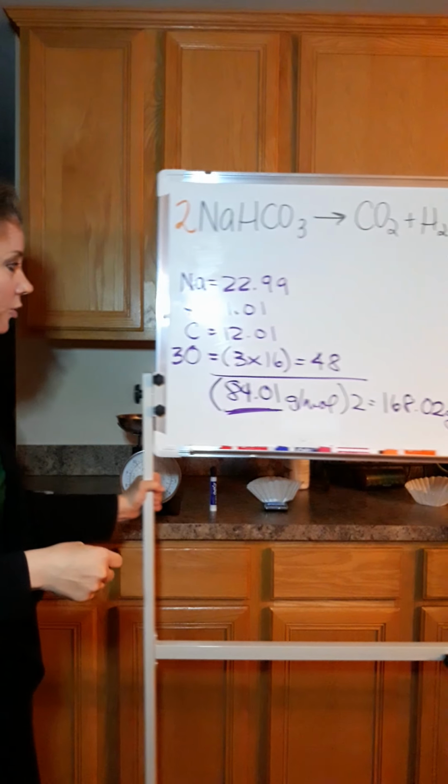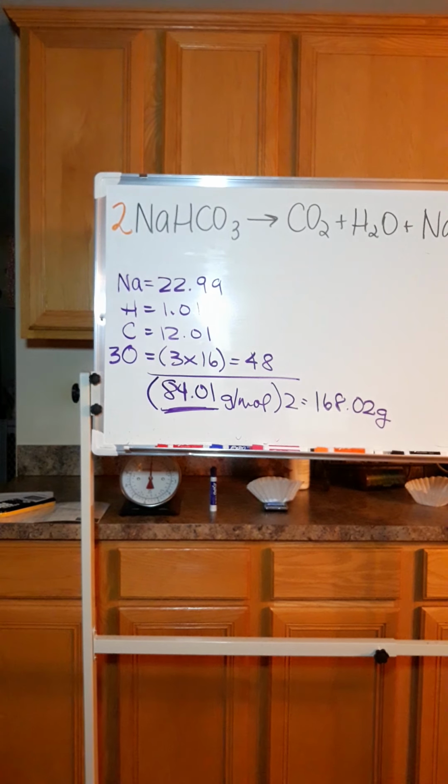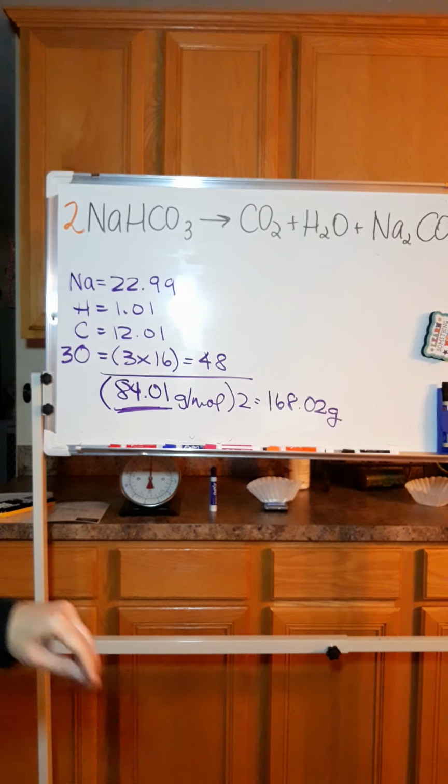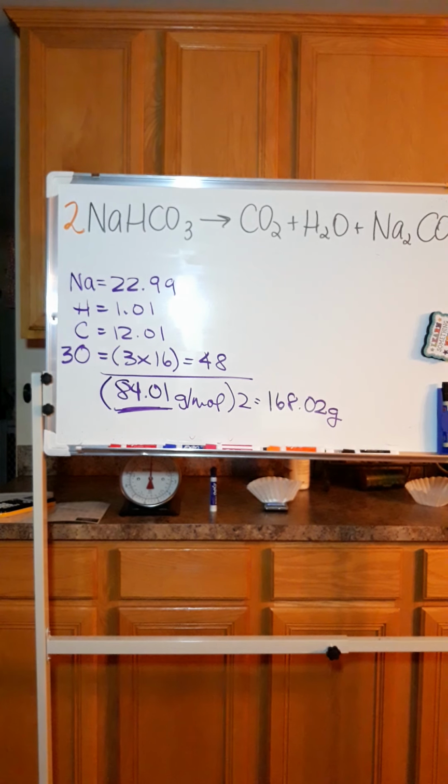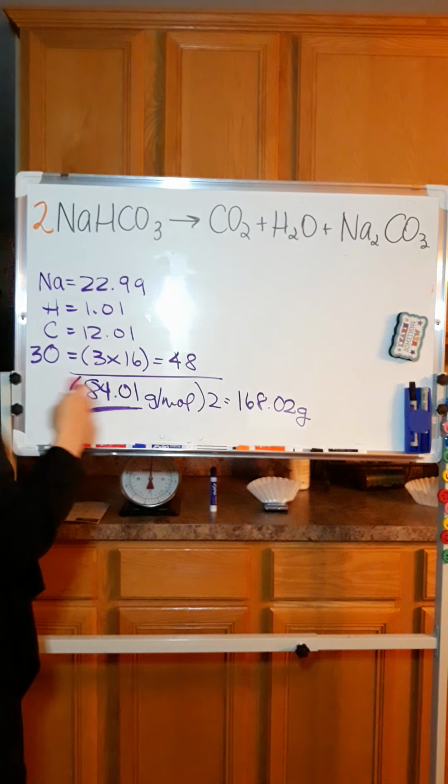So anyway, I've got 84.02 grams, which is actually equal to only 1 mole of sodium bicarbonate. In fact, it's just a little, like a 1/100th more grams of a mole of baking soda.